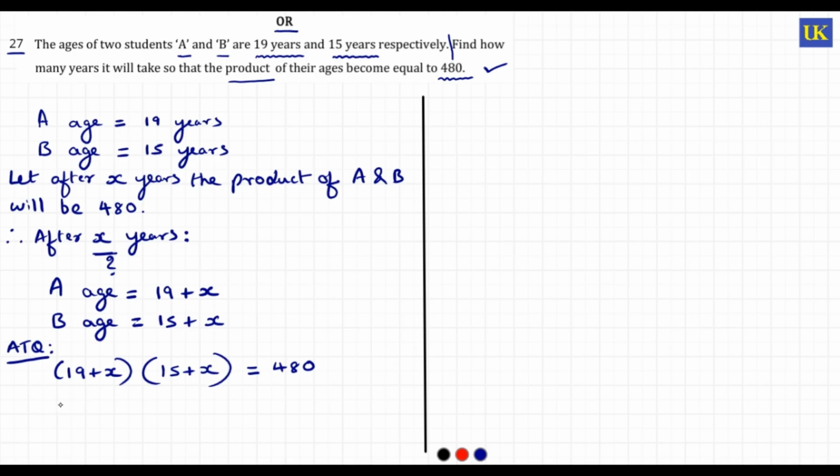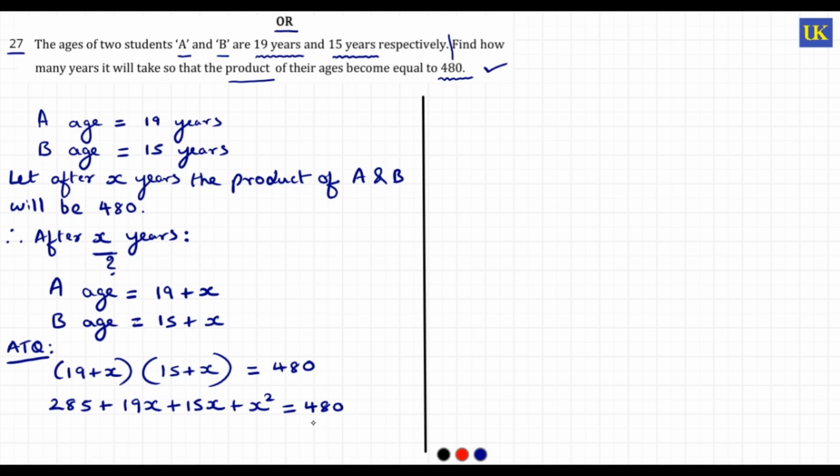So 19 into 15 will give me 285, plus 19 into X will become 19X, X into 15 will become 15X, X into X will become X square, is equal to 480.